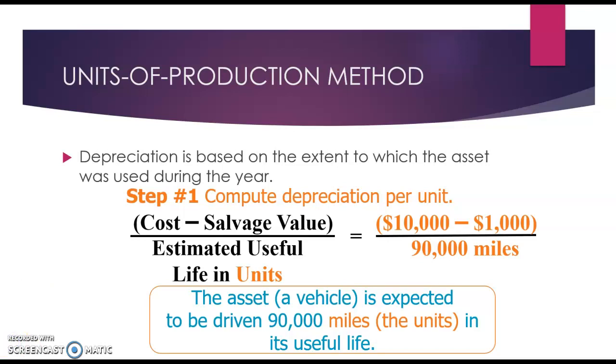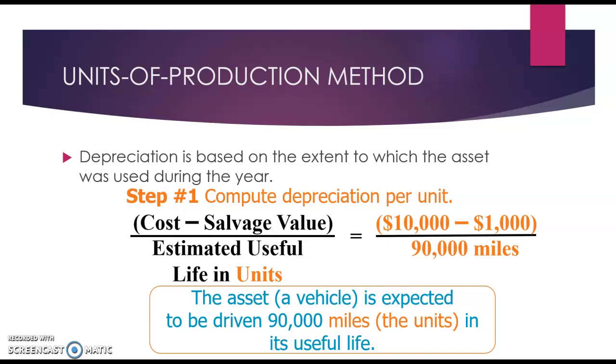Okay, so in this case, we are using the same example that we used in the previous two videos. In other words, the original cost of our asset was $10,000, and we think that we can sell it for $1,000 when we're done using it. But instead of using the useful life of 4 years that we used previously, we're going to say how many miles do we think we're going to use the vehicle for.